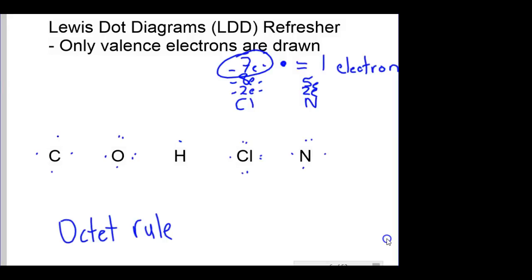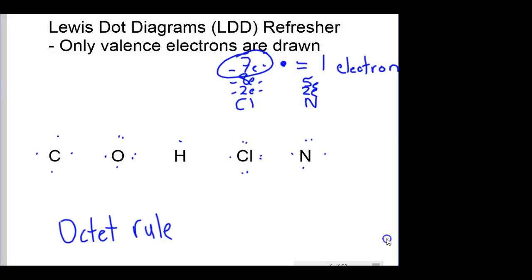Group A numbers reveal the number of valence electrons. 1A means that anything in this column has 1 valence electron. 2A, anything in this group has 2 valence electrons. Then we have all these B's. We generally don't show Lewis dot diagrams for B substances. We look to the quantum mechanical model to represent these ones.